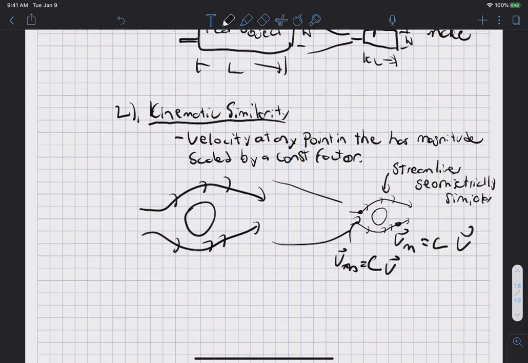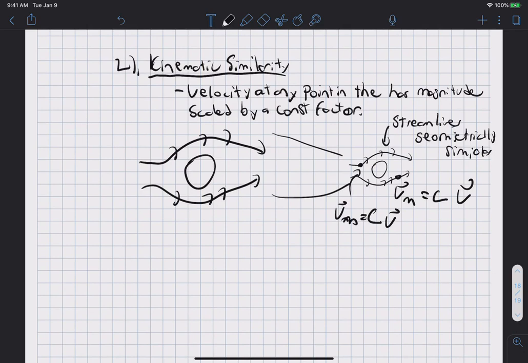Okay, and another aspect of this is that the flow has to be in the same regime.